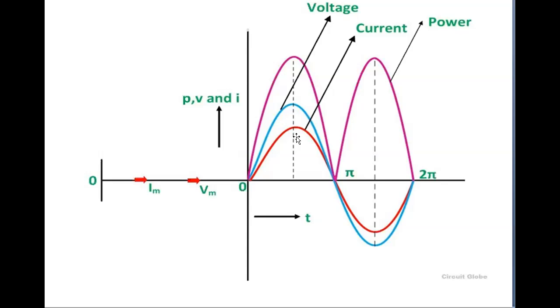That means Vm is greater than Vm by R. So here in the resistor, this is showing the phasor diagram. That means both the Vm and Im are in phase. That means the phase angle between Vm and Im is 0. What it indicates, both Vm and Im lie on the same axis. This is the phasor diagram.